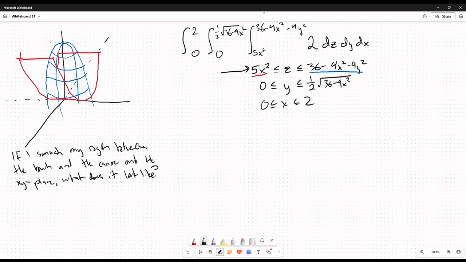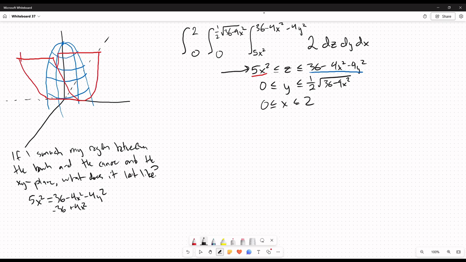And since we have a function here and a function there, I'm interested in where these functions intersect. So I'm going to check, where does 5x squared equal 36 minus 4x squared minus 4y squared? And if I solve that for y, maybe I start by subtracting 36 and adding 4x squared to both sides.